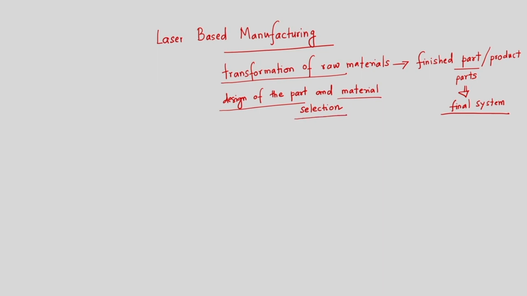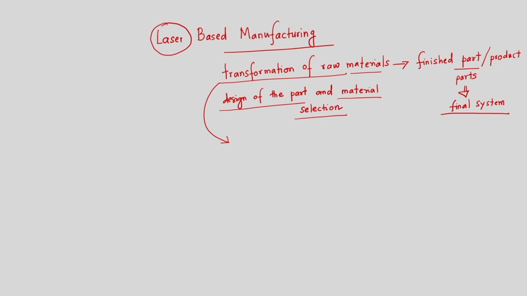So, as far as our course is concerned, we will be focusing more on the transformation of raw materials into the finished parts by using variety of techniques. So, one of the technique is the laser based manufacturing, the laser based or laser applied manufacturing processes. Which are these processes and how these are useful to the industry? That is the main objective of this course.